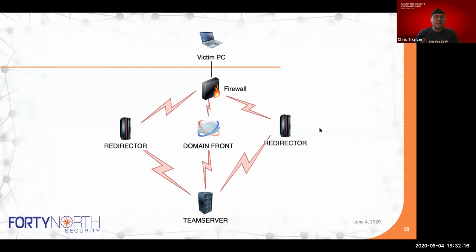But additionally, from the perspective of an offensive security practitioner, if I have a team server that is directly talking to the victim PC and it gets blocked, then I have to stand up another team server, right? Let's say I have to stand up 5 different team servers throughout the course of an assessment.